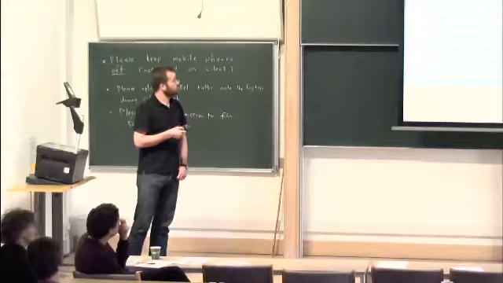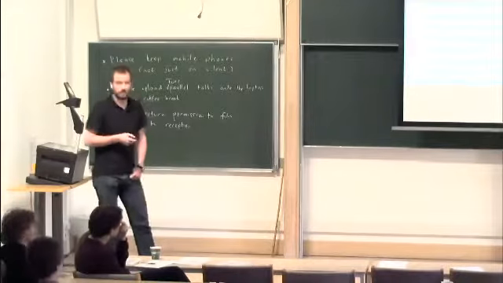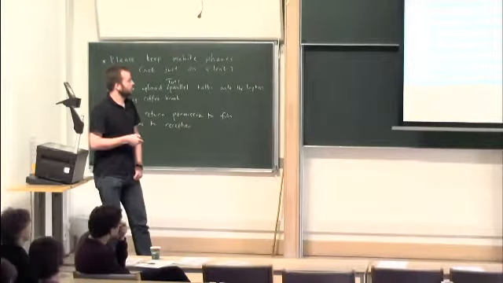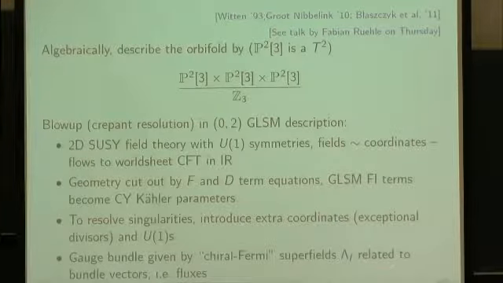So you have a set of coordinates here, and if you introduce new ones, you have to introduce new gaugings to keep the degrees of freedom fixed. And then, of course, you have to turn on the gauge bundle, which are certain superfields, which then have charges under these U1s. And this again is related to these bundle vectors.